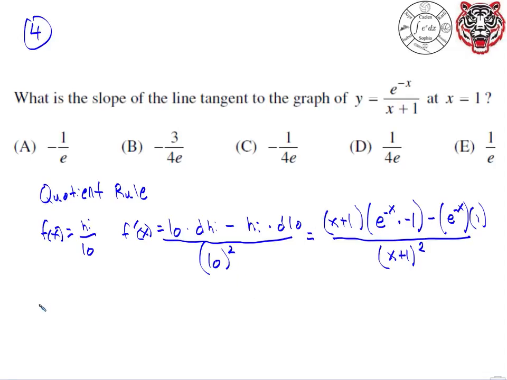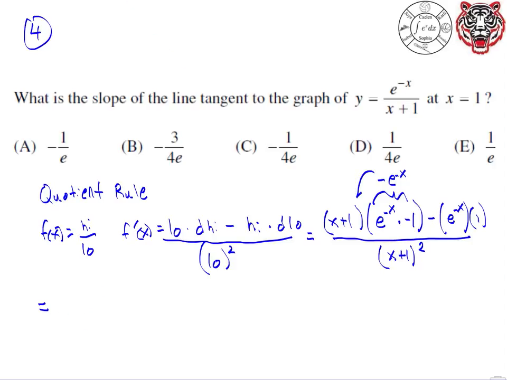So what do we have in the numerator? We have a negative e to the negative x. I'm going to distribute this negative e to the negative x into each of these terms. So what do I get? Maybe this is not a good idea. Actually, I changed my mind.